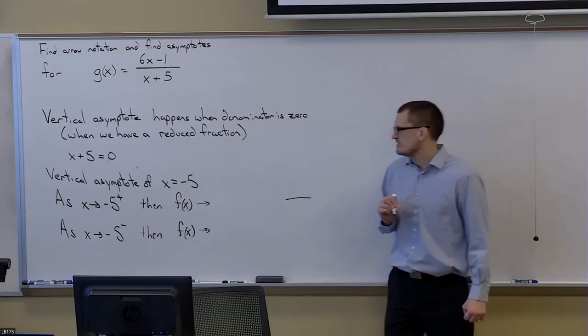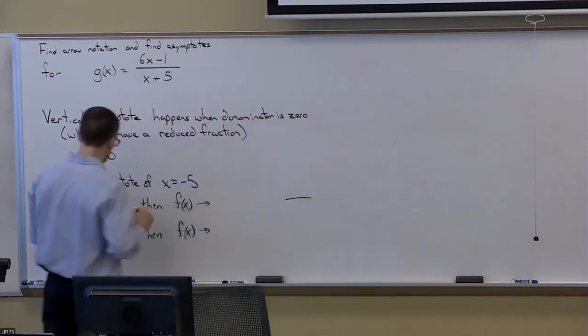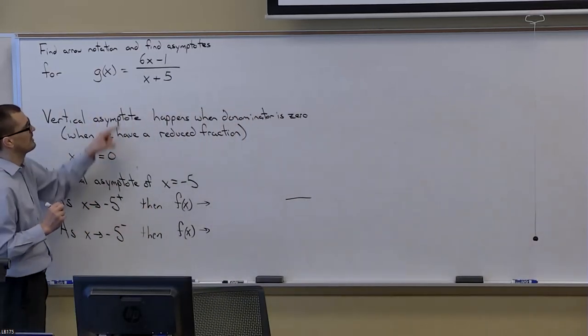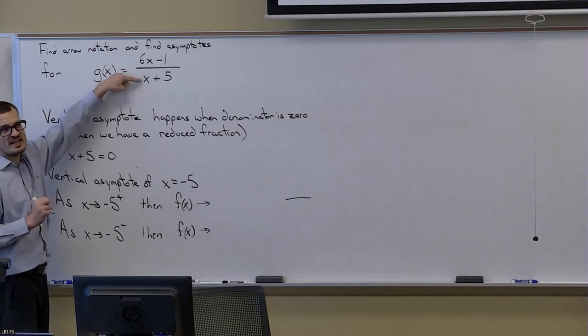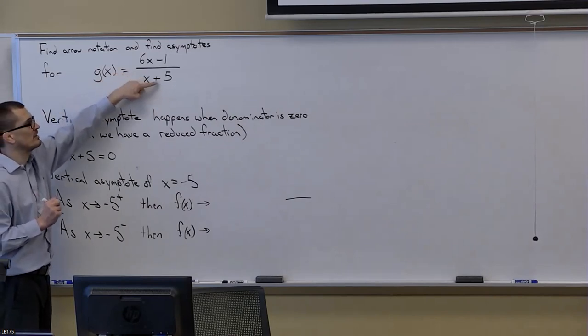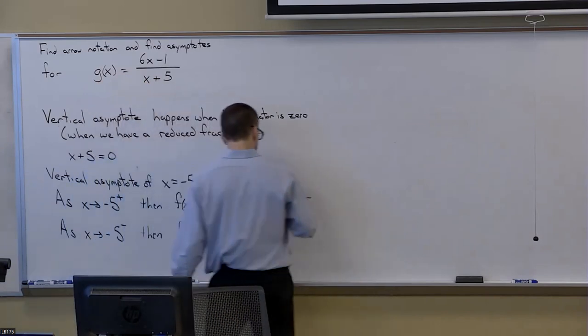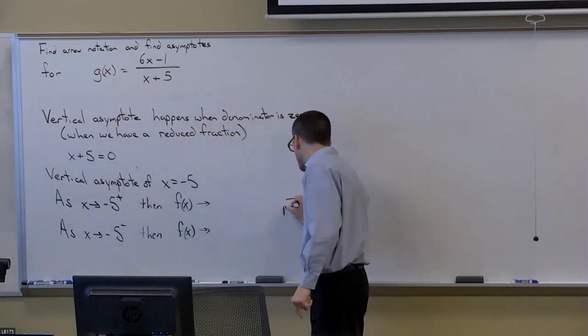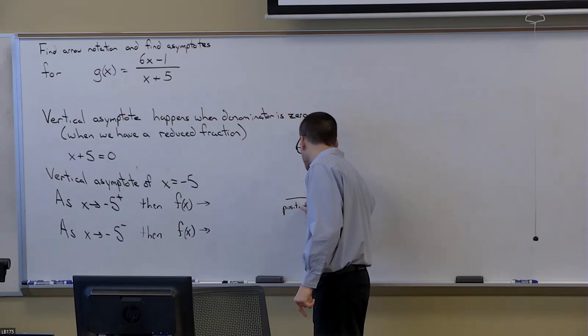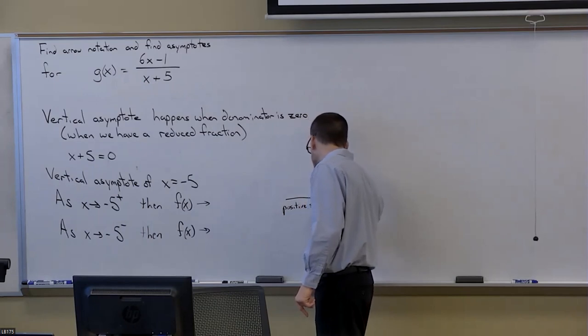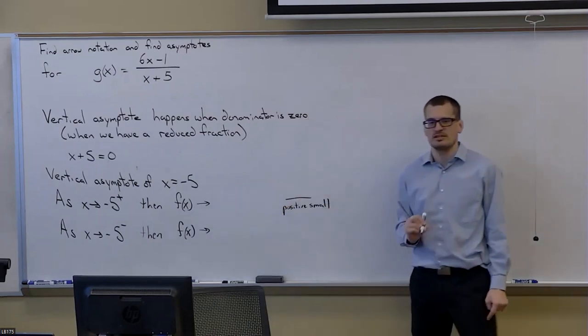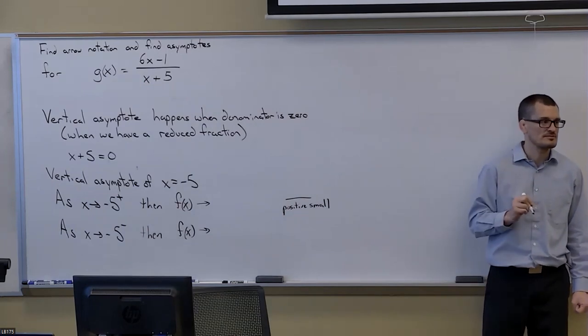So if x is getting closer to -5 from above, do something like -4.8. -4.8 plus 5 is a positive 0.2. That makes sense? So my denominator is going to be positive small if x is going to -5 from above.